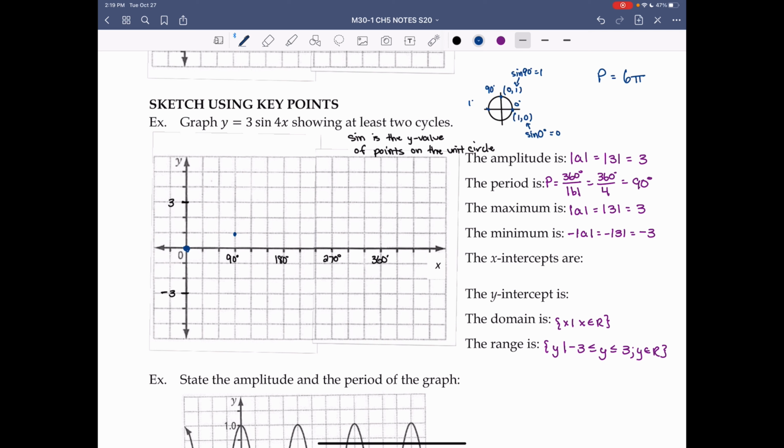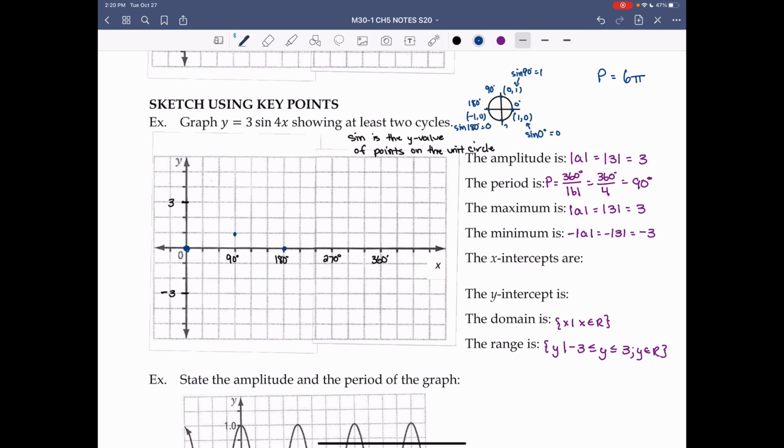And then at 180 degrees on the unit circle, we have the point (-1, 0), which tells us that sine at 180 degrees equals 0. So find 180 degrees on our x-axis and then plot a point at y equals 0.